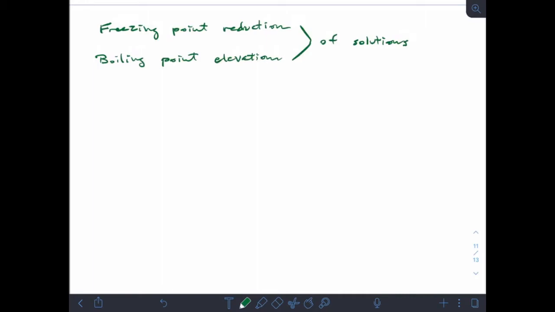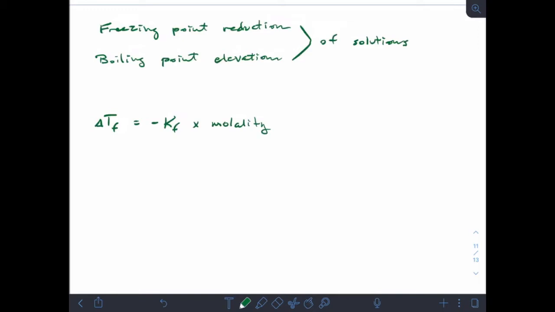So the ideal form, and we'll talk about the real form a little bit later on, is that the change in the freezing temperature is equal to negative Kf, which is a constant for a particular solvent, times molality.